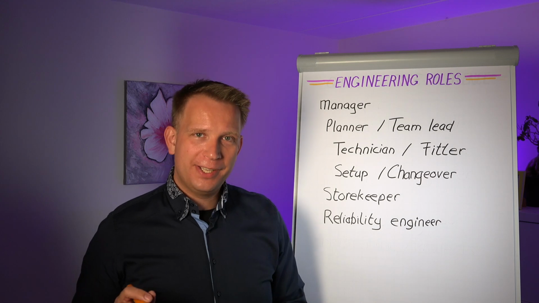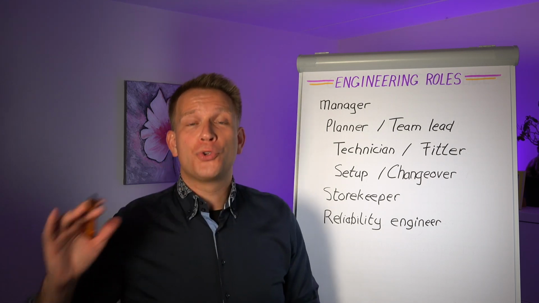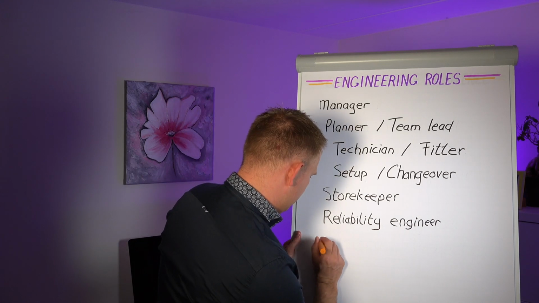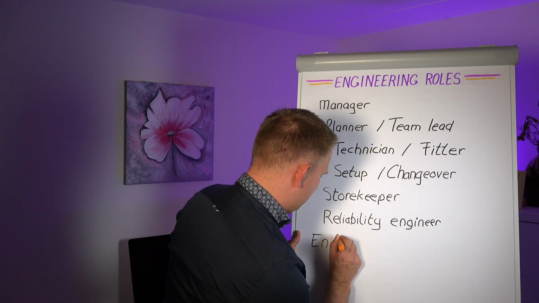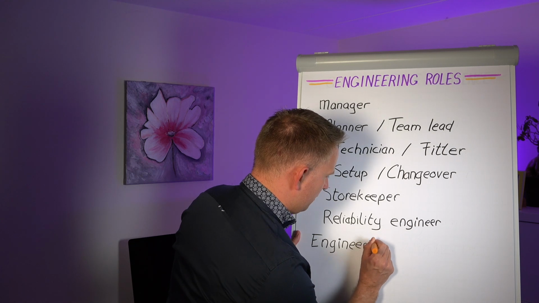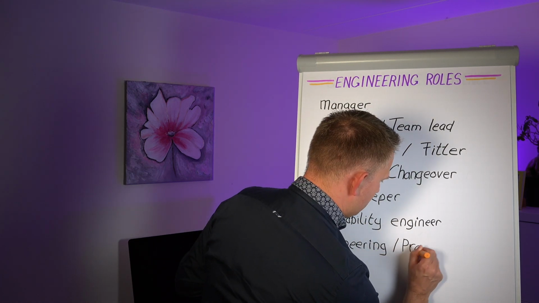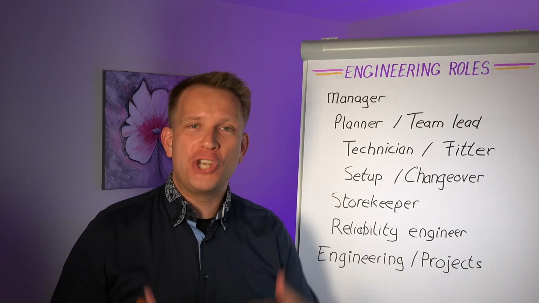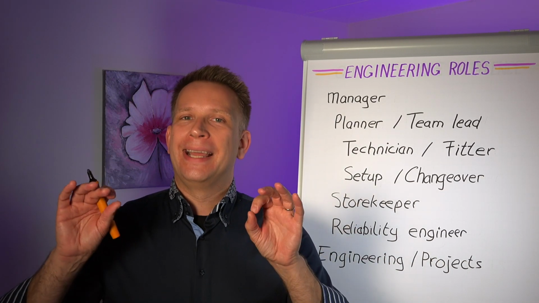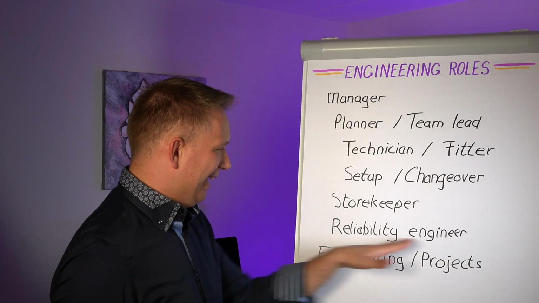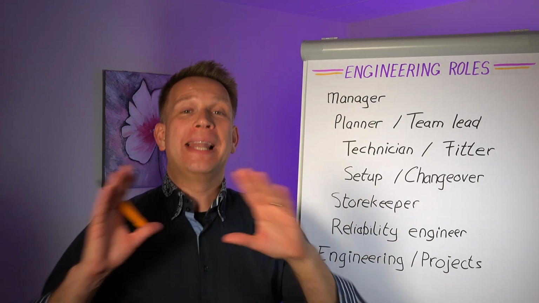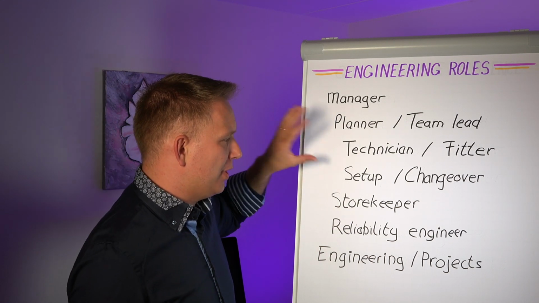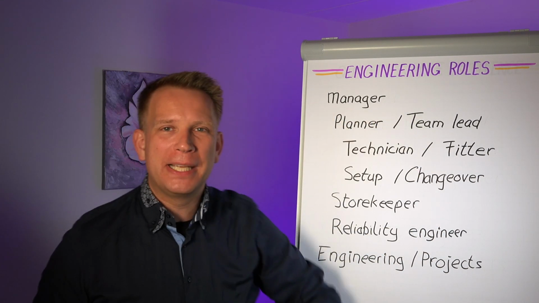There are also other engineers. There are a whole set of engineers, and they tend to fall slightly outside of the maintenance department. So the engineering department, project engineers, the projects department, that department, engineering and projects, has plenty of engineers, has plenty of people who started their careers as technicians or as planners and team leads there.